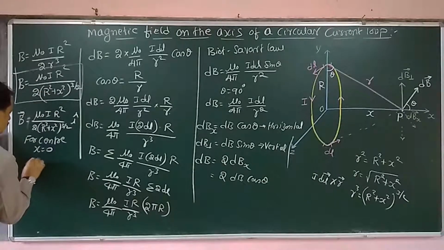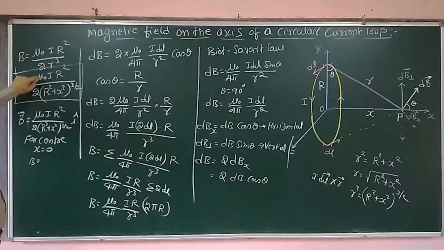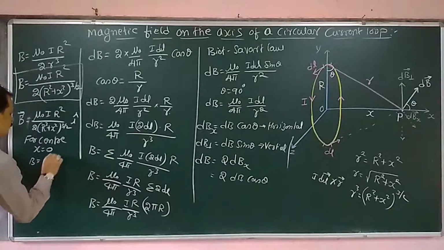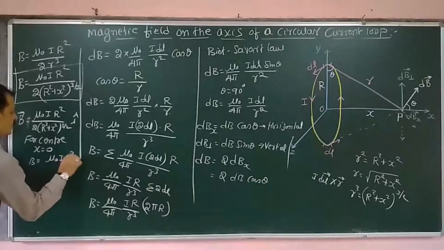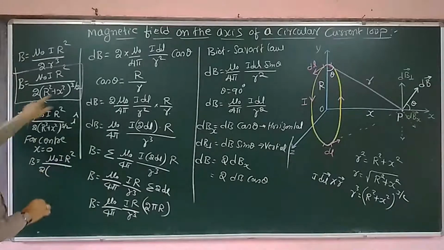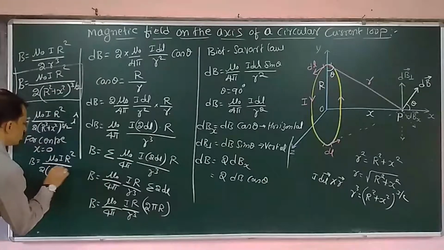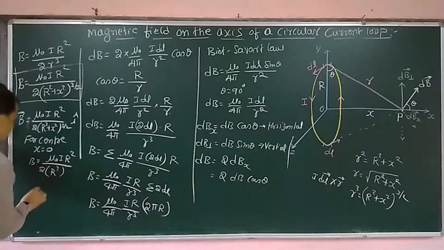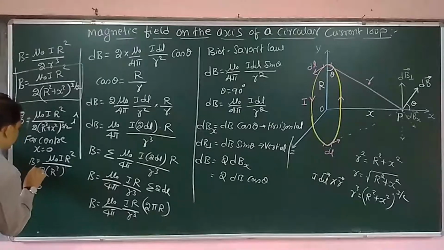So, B is equal to mu naught I r square divided by 2, x square is 0, r square to the power of 3 by 2. Therefore, it is r cube. Further simplification leads to, since it is the center, let us take B naught.